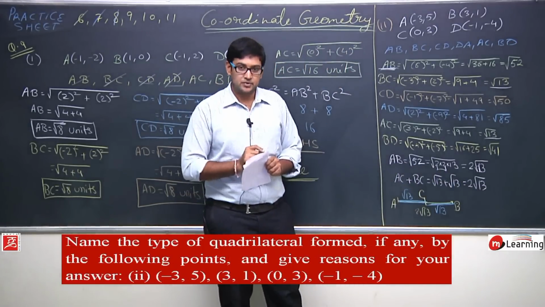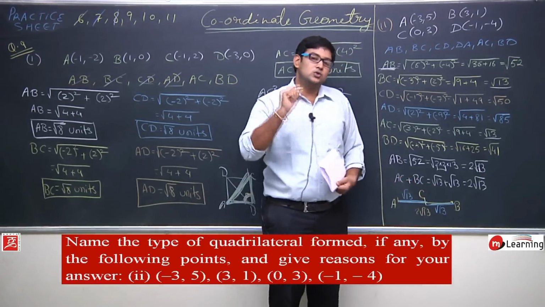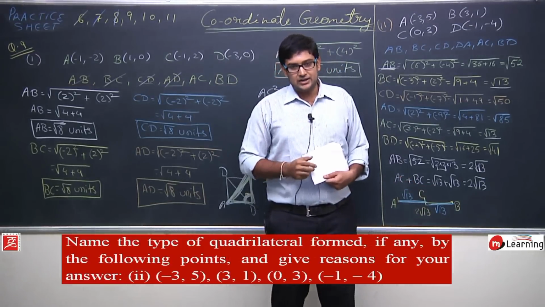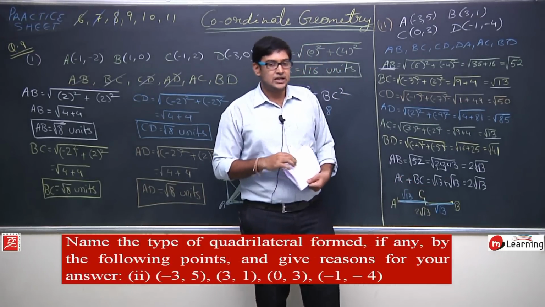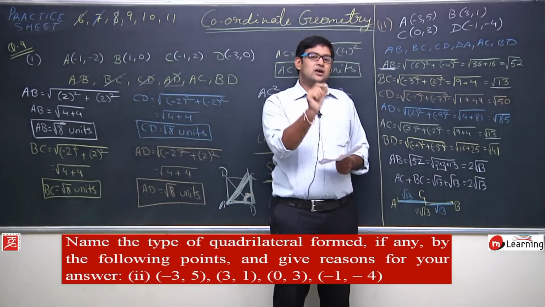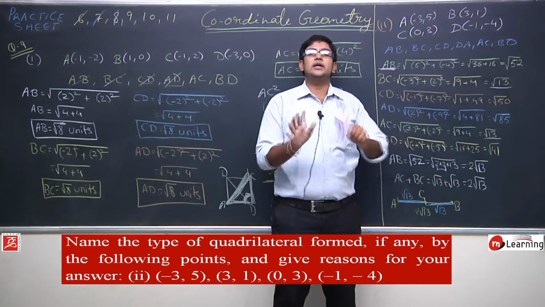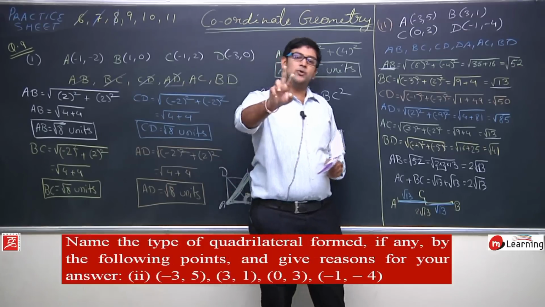collinear points. So if these 3 points are collinear, सो डू दे फॉर्म अ क्वाड्रिलेटरल, क्या ये क्वाड्रिलेटरल फॉर्म कर सकते हैं अगर 3 पॉइंट्स कोलिनियर है तो? नो. For being a quadrilateral these 4 points cannot be collinear. Okay, any 2 points are collinear.